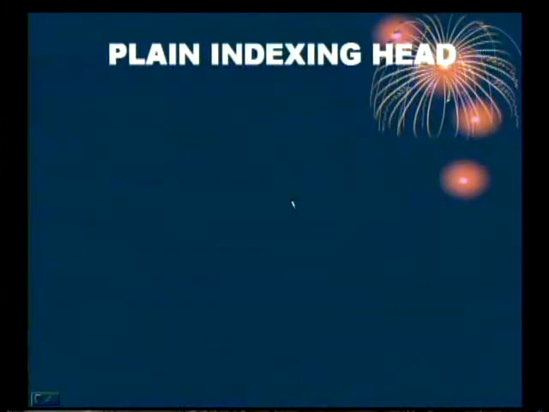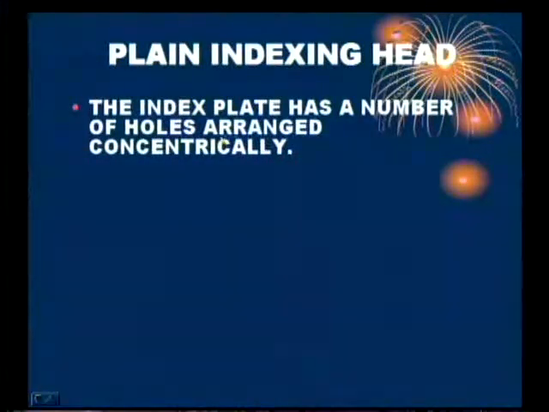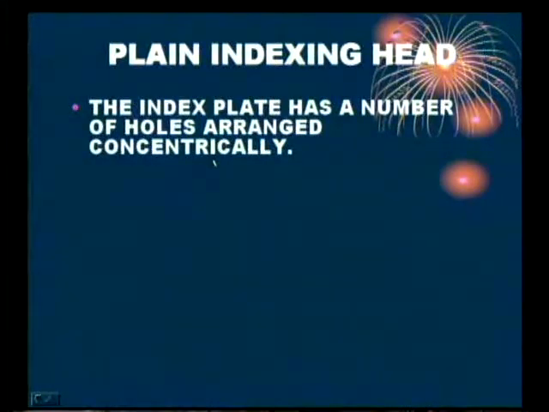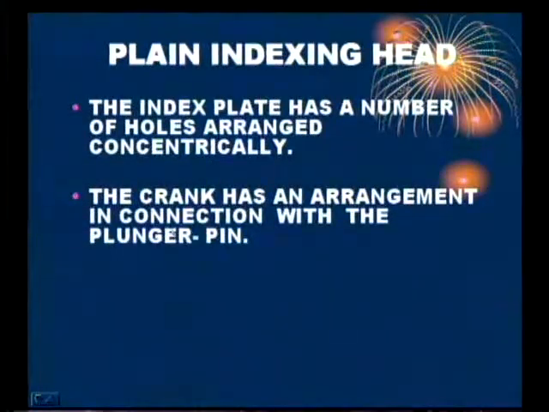Another indexing head is the plain indexing head, and the limitation of the direct indexing head has led to this type of indexing head. It has an index plate with a number of holes arranged concentrically. There is only one circle of holes in the direct indexing head, whereas here concentric hole circles are there. The number of holes varies from one circle to another, and the crank has an arrangement in connection with the plunger pin.